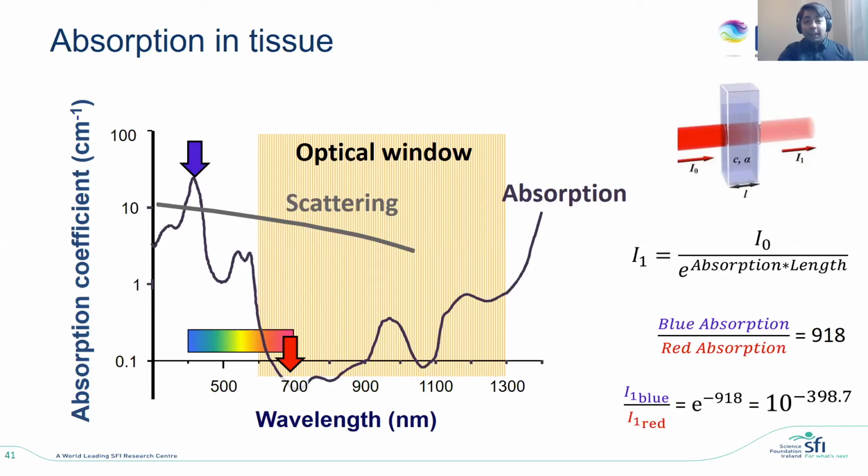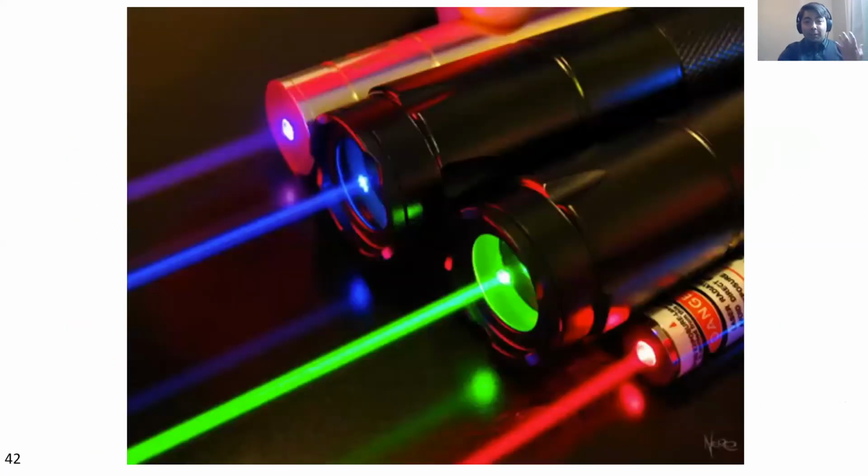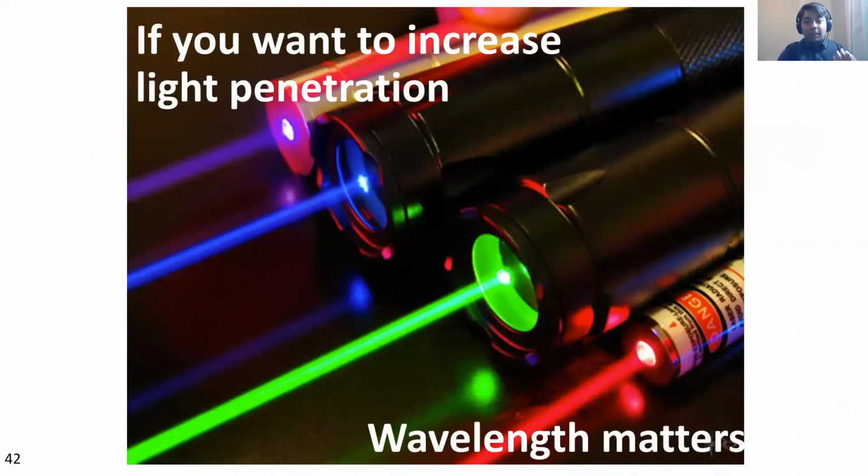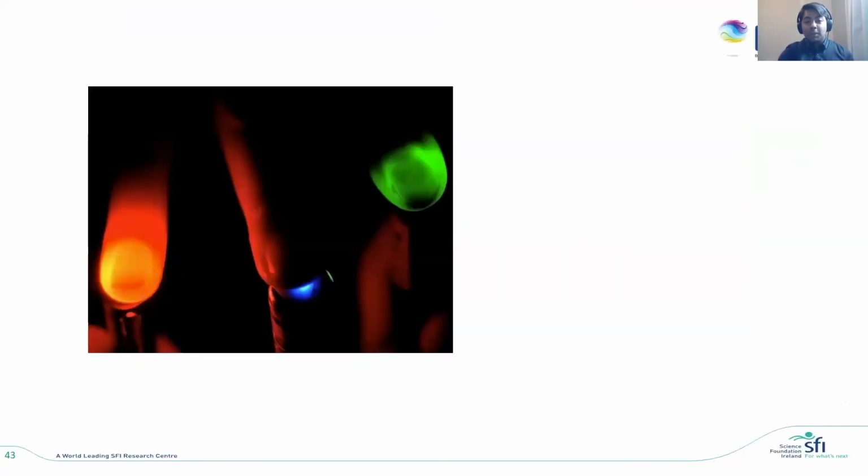So as we discussed here, the wavelength matters for the light penetration. And if you have an example of laser pointers, you may use them to see how much light is transmitted through your finger.